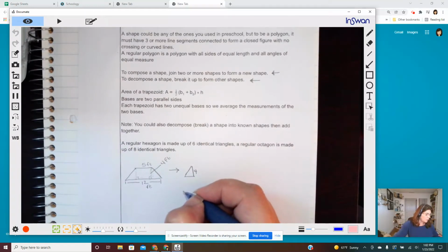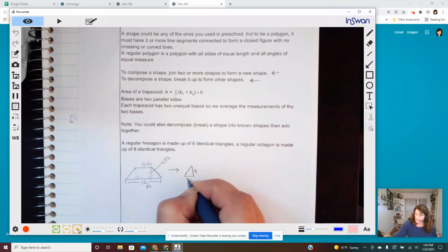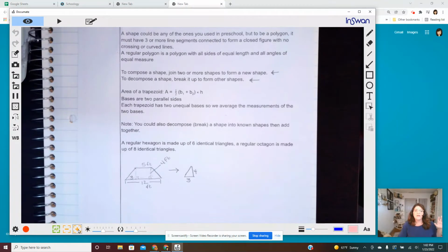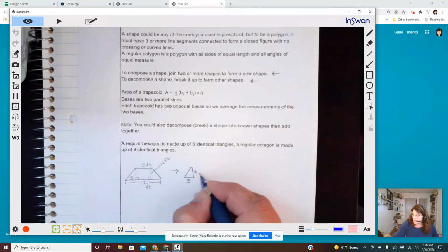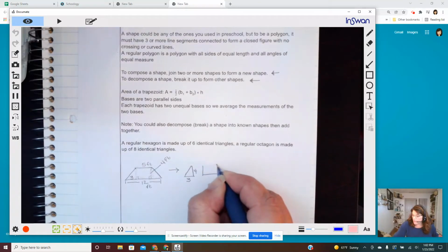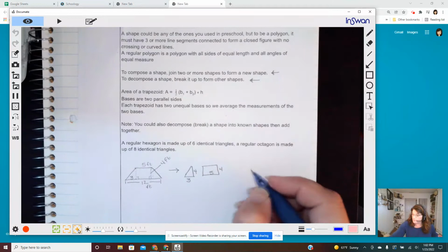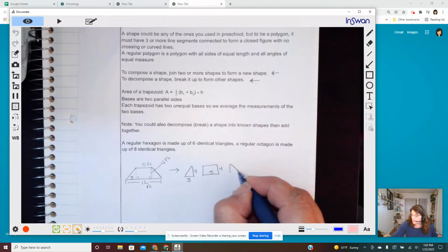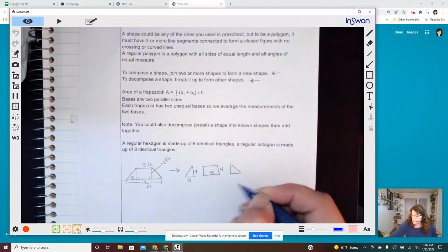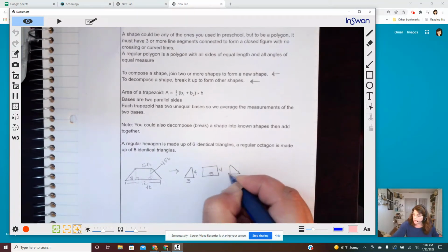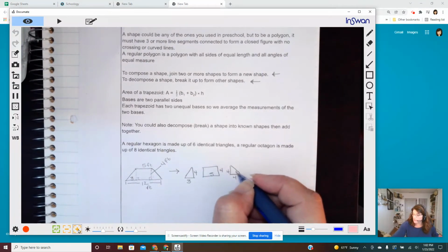And I know from a diagram in the book that this part right here is 3 feet. Otherwise, I might have to make some inferences or guesses. I have a rectangle that's 5 feet by 4 feet, and I have another triangle, and I know from some information in the book that this is 4 feet, and again 4 feet.